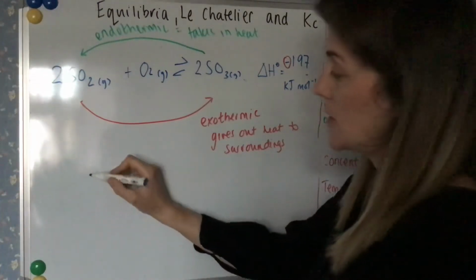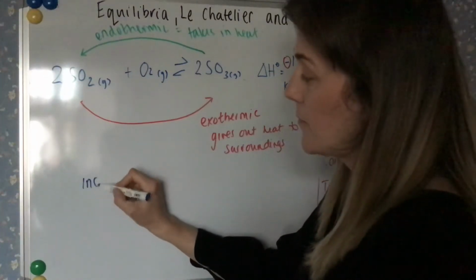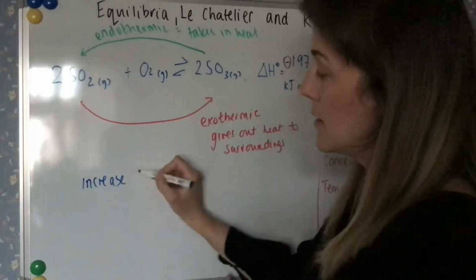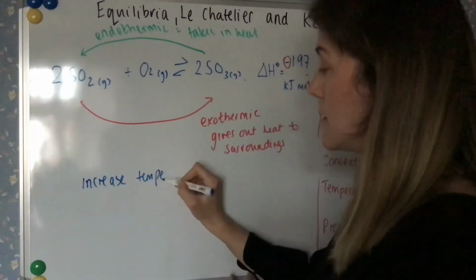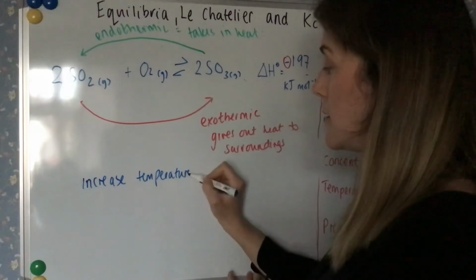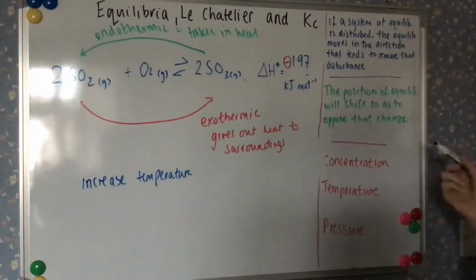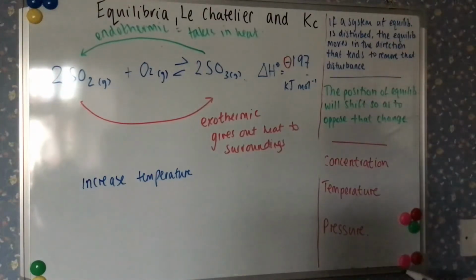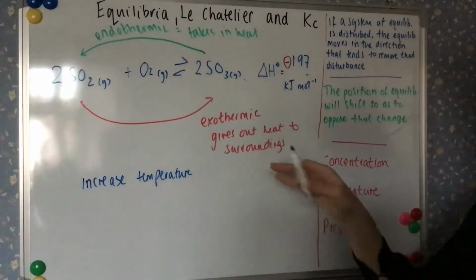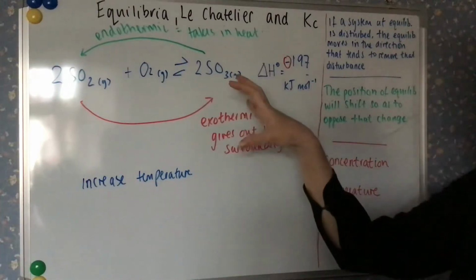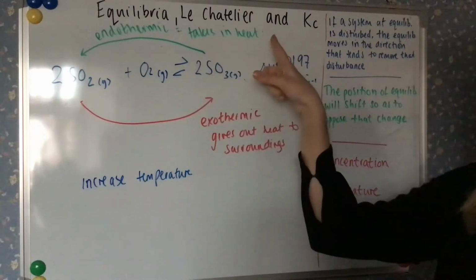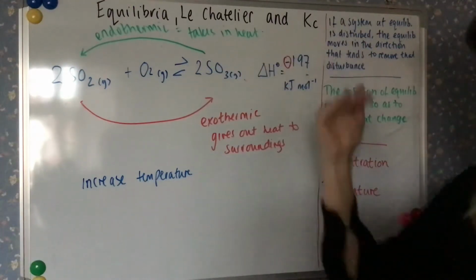So what's going to happen if we change the temperature? The example we'll give is increased temperature. The system is going to oppose that change, so the position of equilibrium will shift to oppose that change. What's going to happen is the system will absorb that heat to cool it down again.